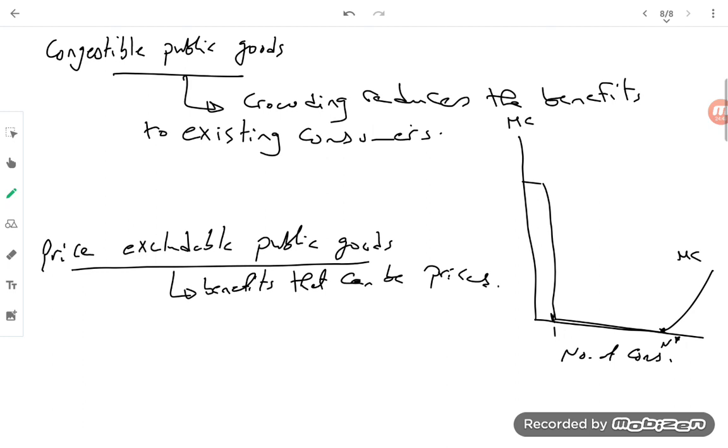Clubs are set up to share facilities, tennis courts, swimming pools, something like that. But we can price the services provided by them. So they are price excludable public goods. You are going to be excluded if you are not going to pay for it.